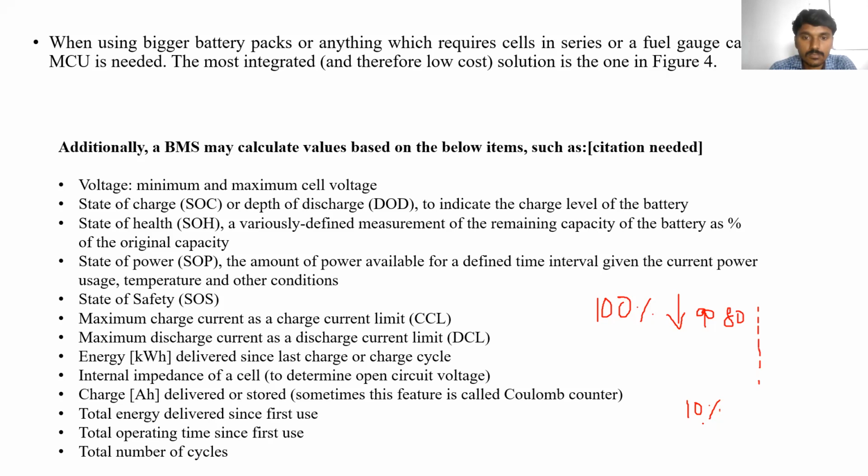We should not use this battery when the charging level is less than 10%. This is the minimum value of the charging level. If we continuously use the battery even though the charging level is less than 10%, the battery is going to be damaged. Whenever it reaches the charging level of 10%, again it should be charged.